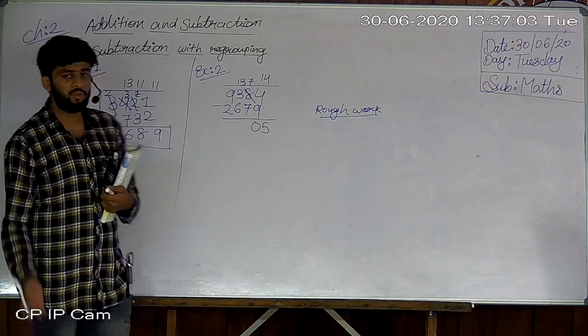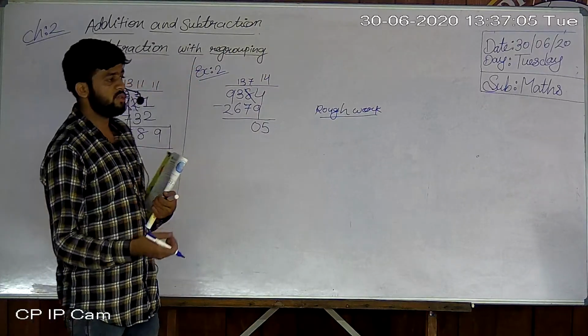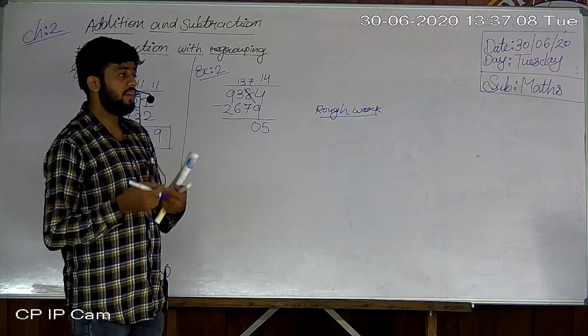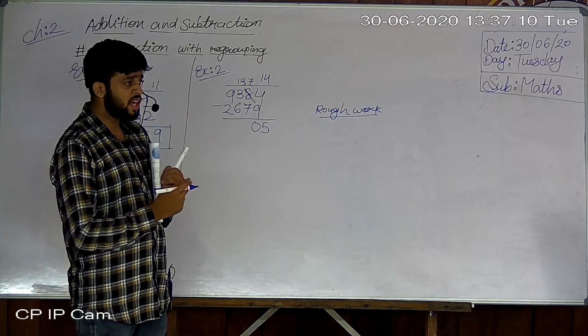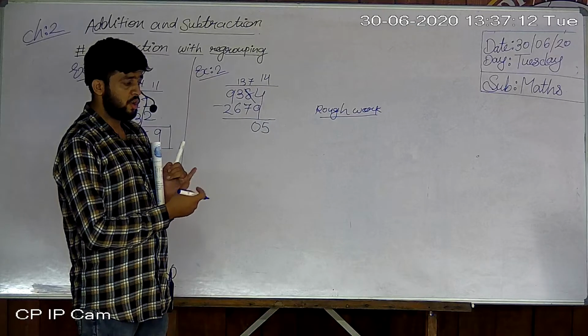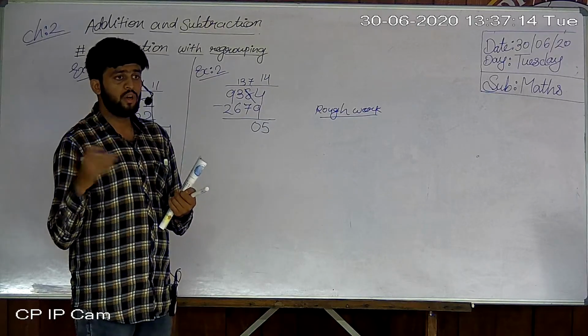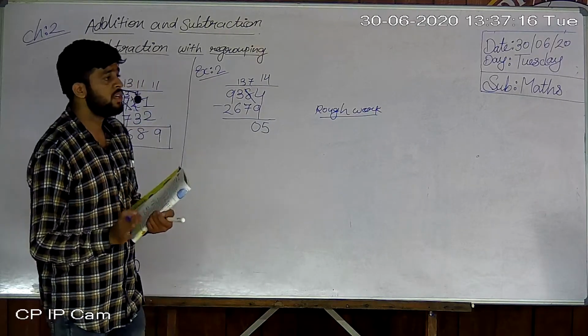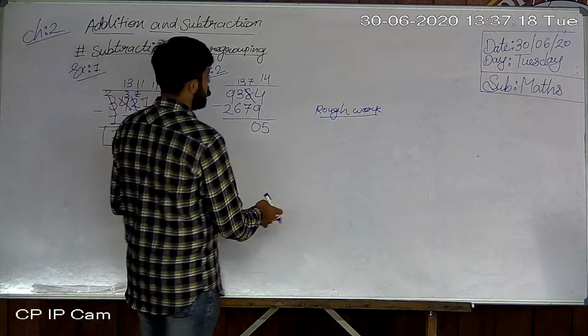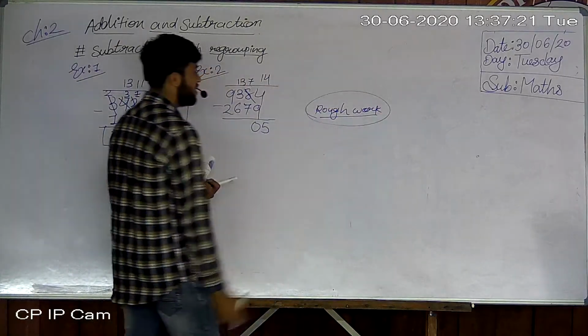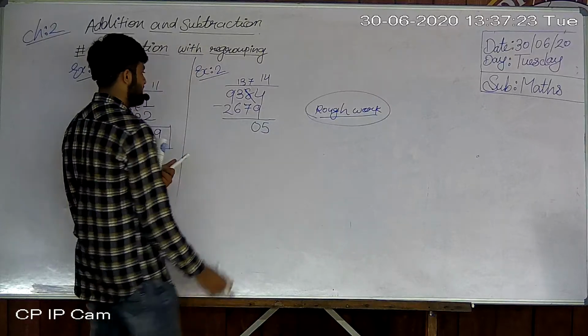During the exam you may forget how to calculate and count by tapping on your fingers. That is not a good method, so students, you must do this rough work during the exam.